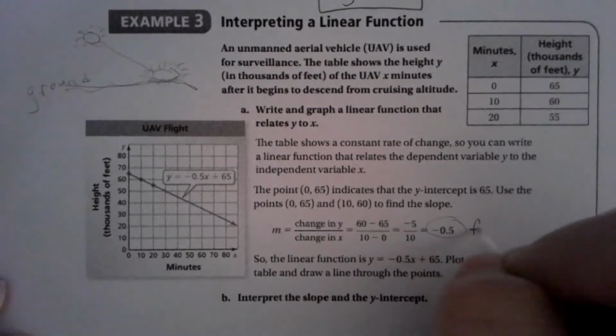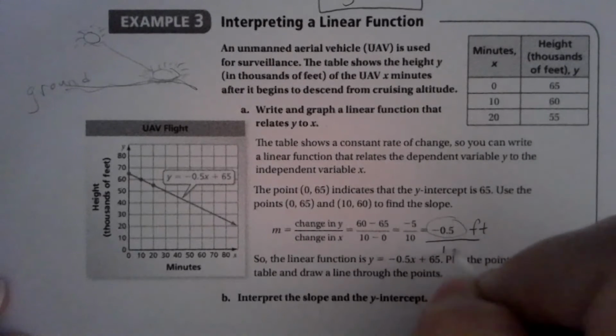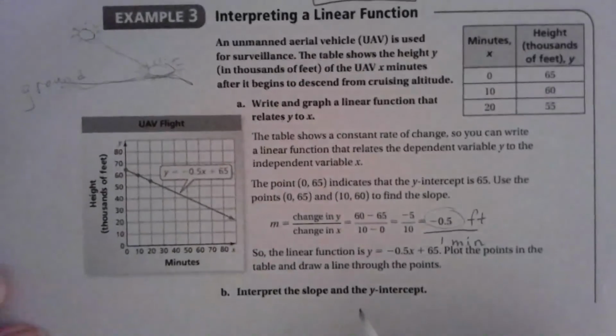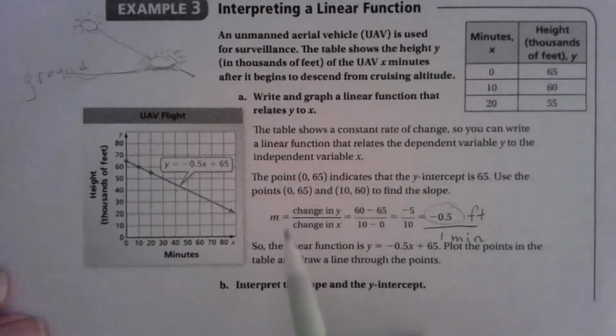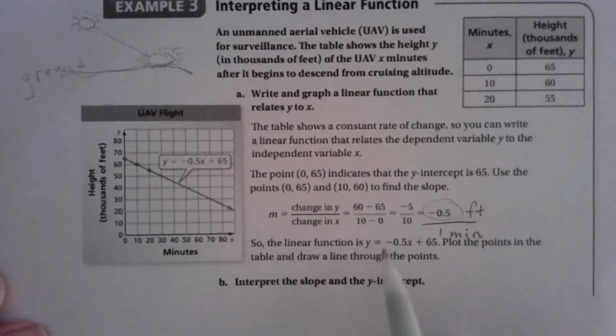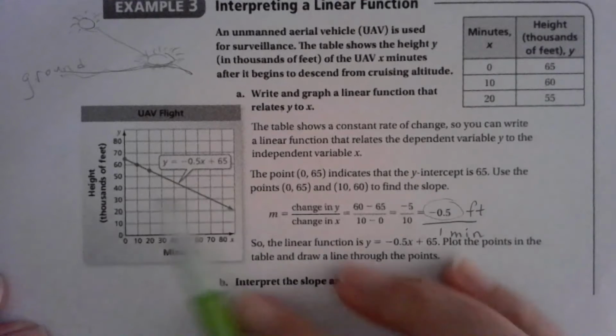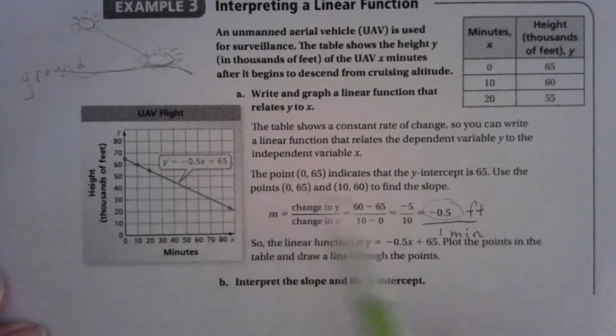If we want to label this, that is the unit rate. All right, so the linear function is negative 0.5x, because that's the slope. I'm sorry, that's m, plus b, that's the y-intercept.